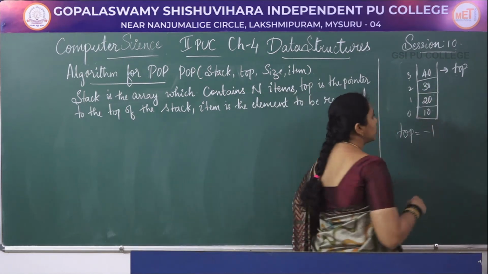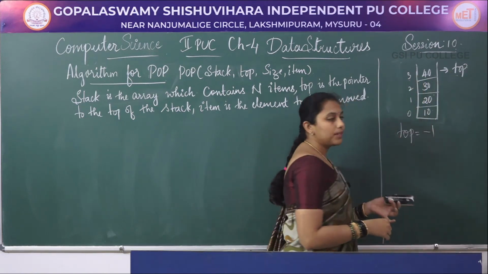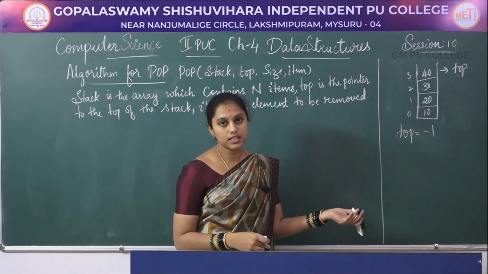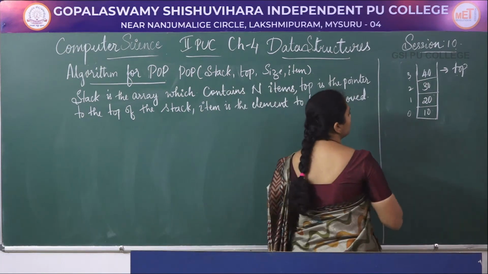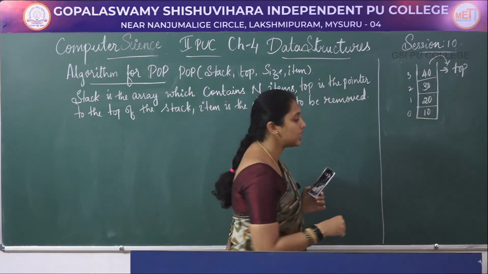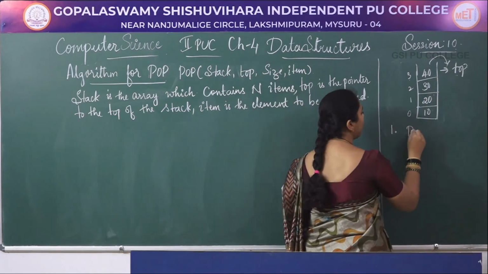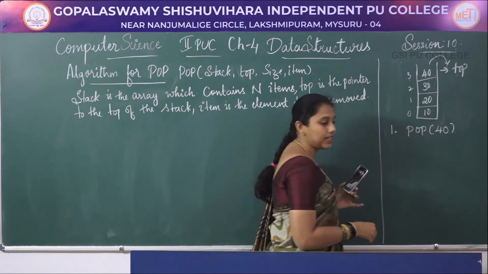So here the condition is false. The top of the stack is 3. So we can remove an item from the stack. So how to remove? So first we have to remove 40 from the stack. That is, in the first step we are popping out an element called 40 from the stack.